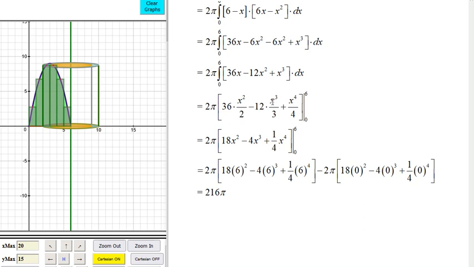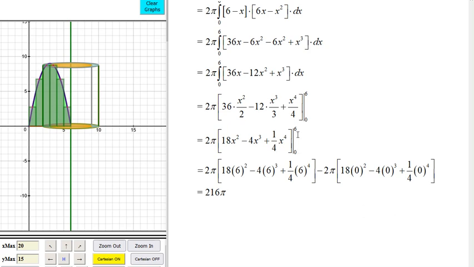The antiderivative for x squared is x to the third divided by 3. The antiderivative for x to the third is x to the fourth divided by 4. 36 divided by 2 is 18. 12 divided by 3 is 4, and this is 1/4.